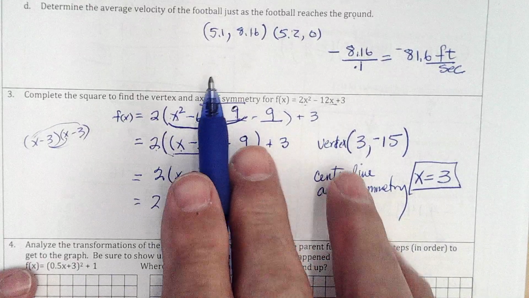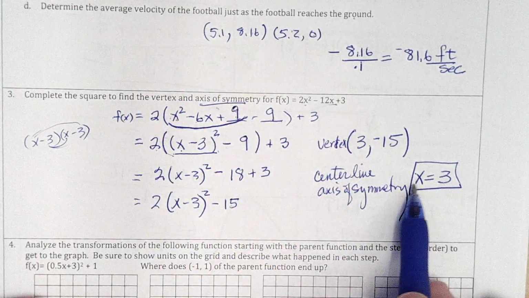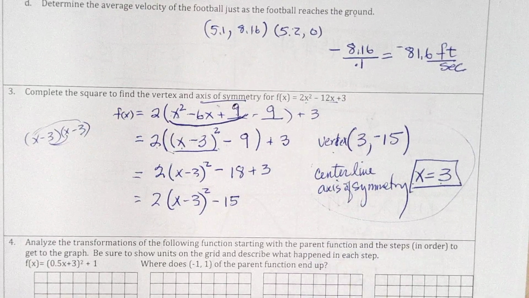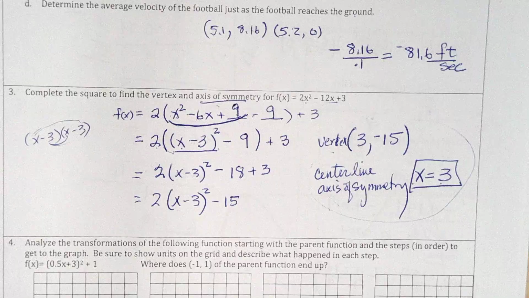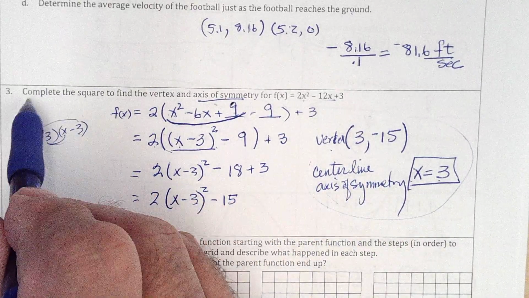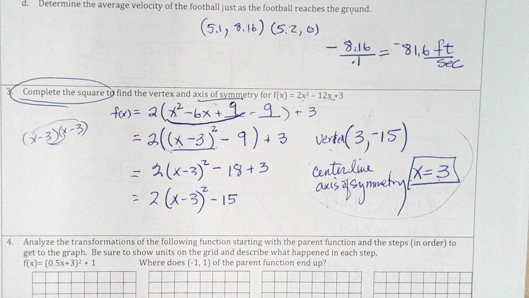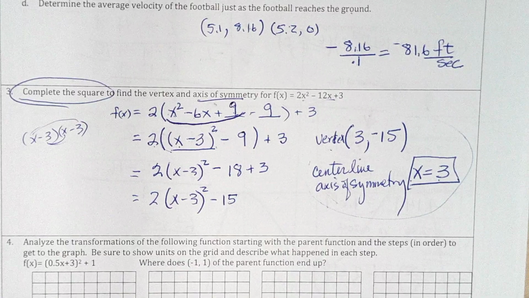It's straight up and down, vertical line, so it's x equal 3. So you could have gotten these two just from graphing it. But I only gave 1 point because I wanted you to show me that you know how to complete the square to get them. So I'm looking for the completing the square. That's the important part of this. Do you know how to complete the square?